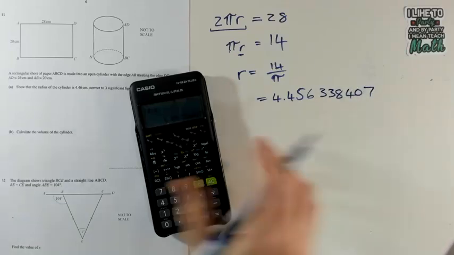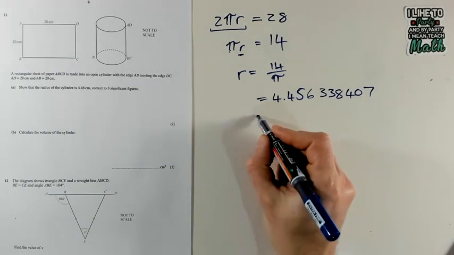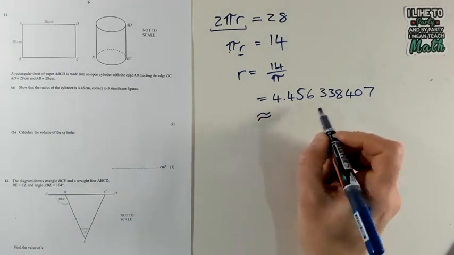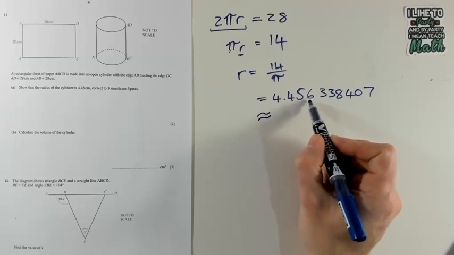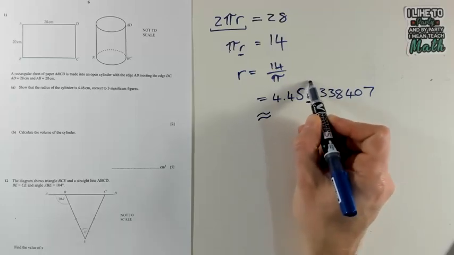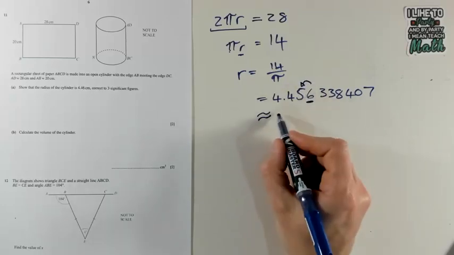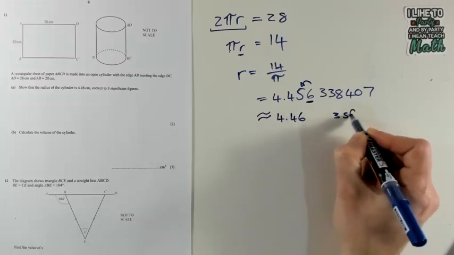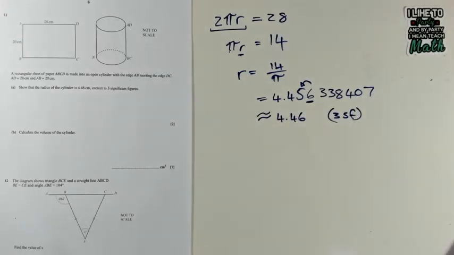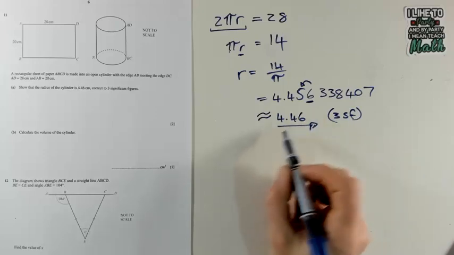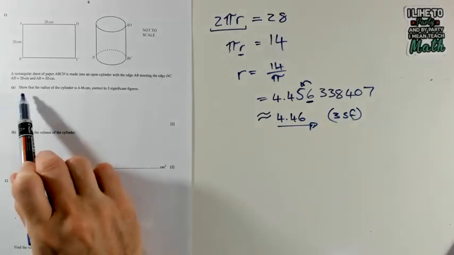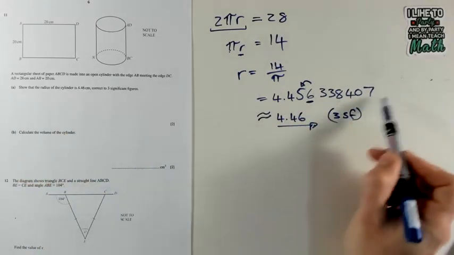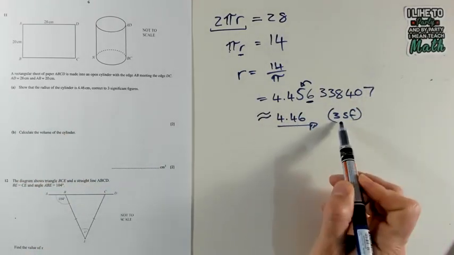So give the whole number, and then show that if I round this to 3 significant figures, I have to look at the fourth figure, which is the 6, and it'll have an influence. So this is going to be 4.46 to 3 significant figures. Because they're saying "show that", you have to give this big number and then show that you rounded it.